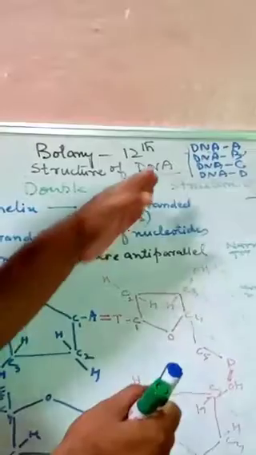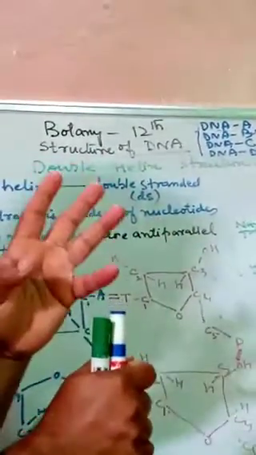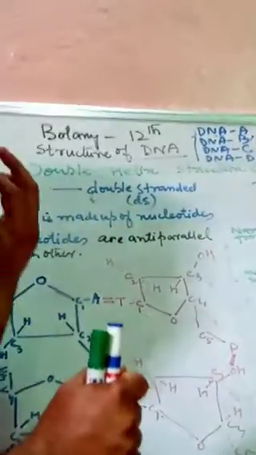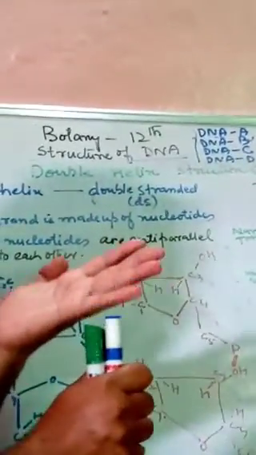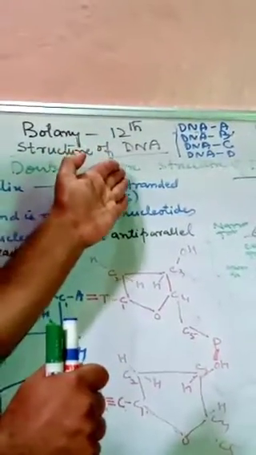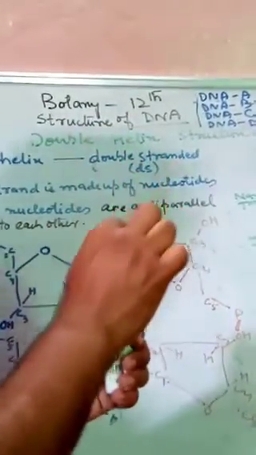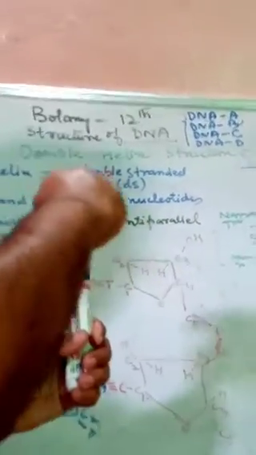But in the case of this DNA double helix structure, those turnings are right-handed. They are clockwise. So the turn here is in this manner. It is not anti-clockwise, but clockwise, like this.